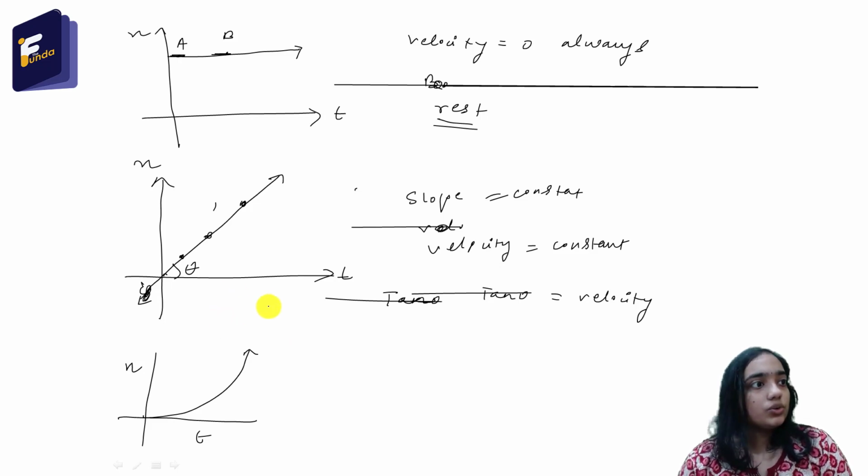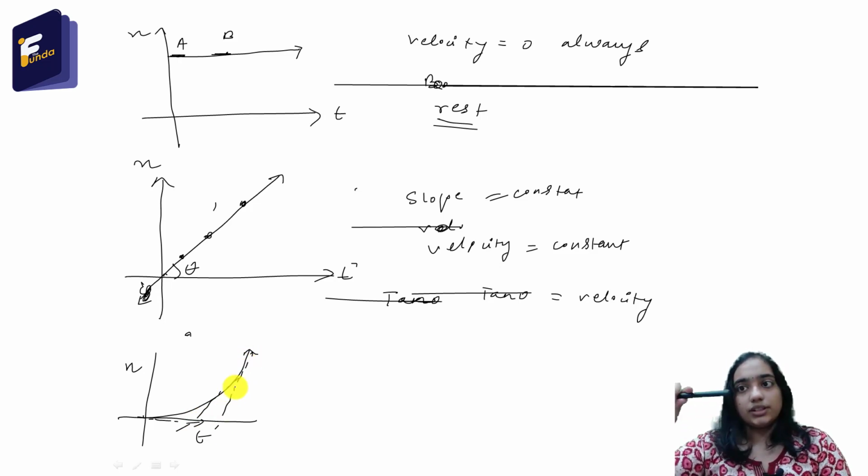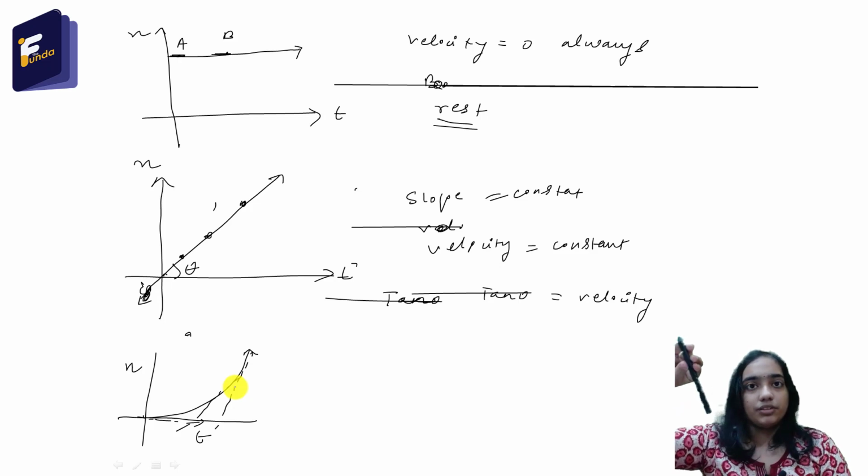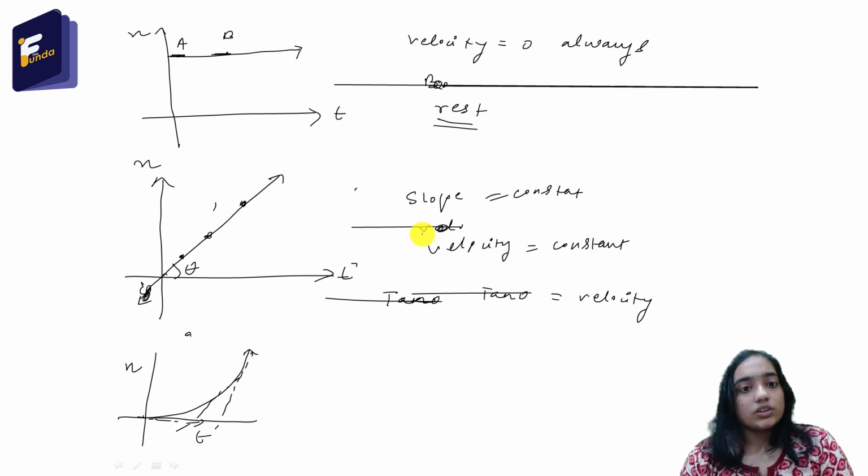Okay, so you can see that initially this is the slope. Slowly the slope is increasing, from this horizontal position the pen is becoming vertical. That means the slope is increasing, that means velocity is increasing.